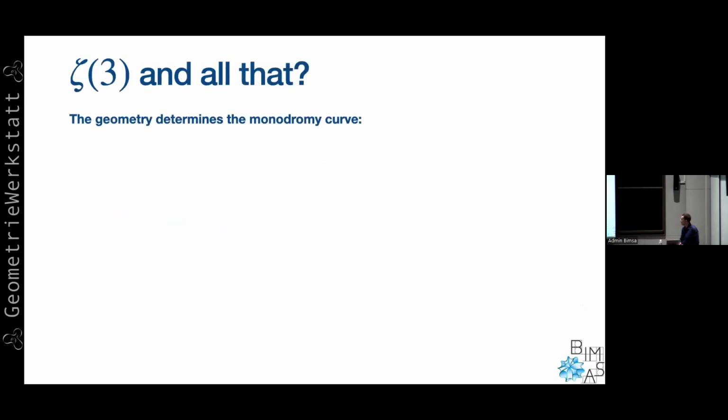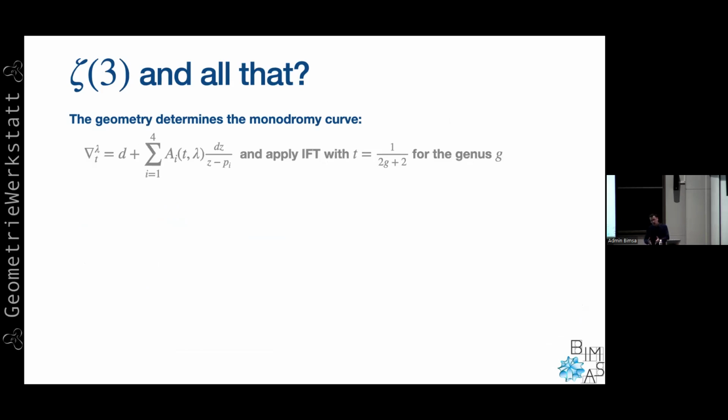So how does theta-free and all that come into play? The idea is that not only does the monodromy curve determine the solution, but also the geometry of the solution determines the monodromy curve. And therefore, in the case of very symmetric surfaces, like Lawson surfaces, we can express the monodromy curve in terms of the simplest nontrivial Fuchsian systems.